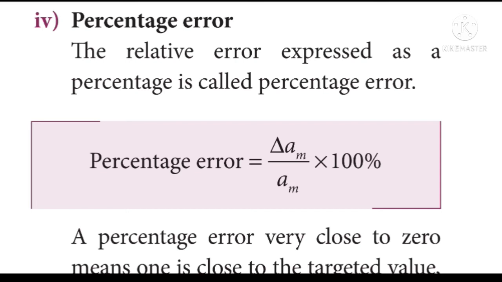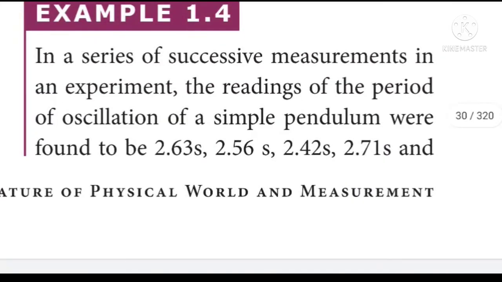The relative error expressed as a percentage is called percentage error. The expression for the percentage error is: percentage error is equal to del AM by AM into 100%.